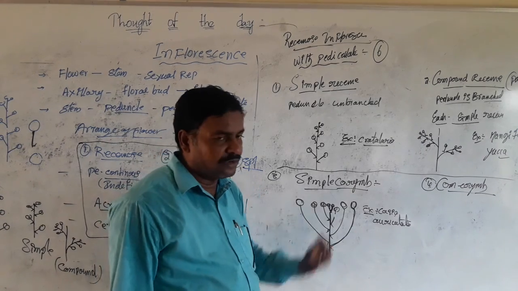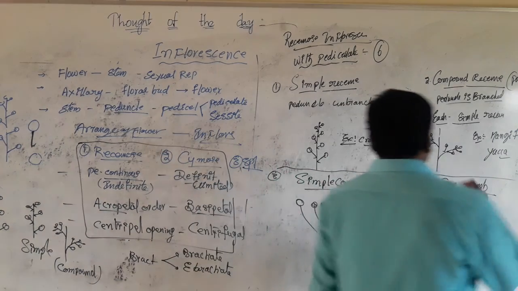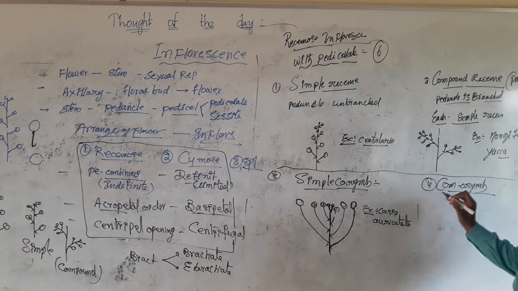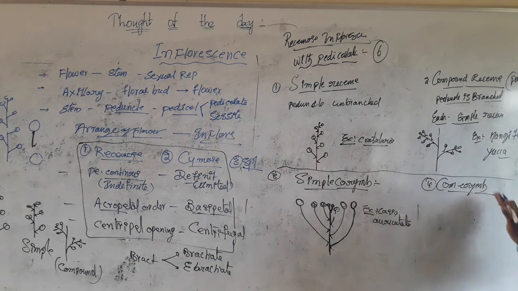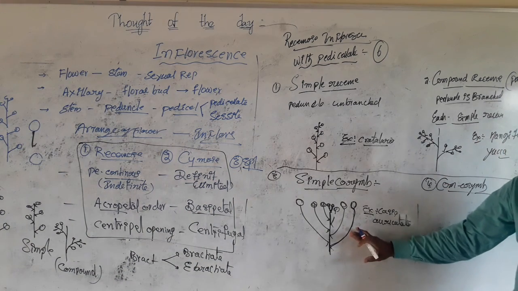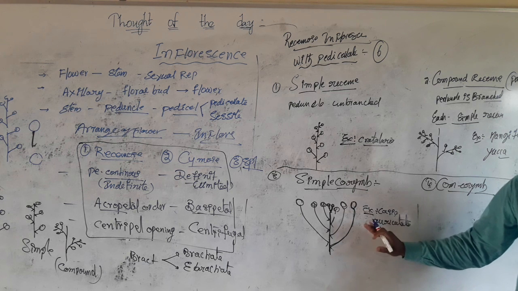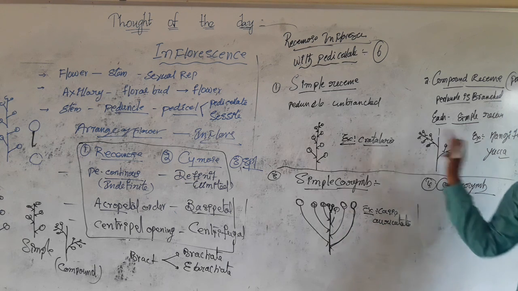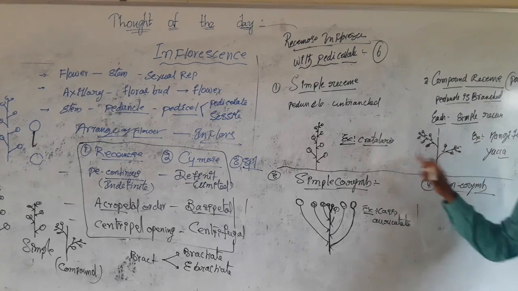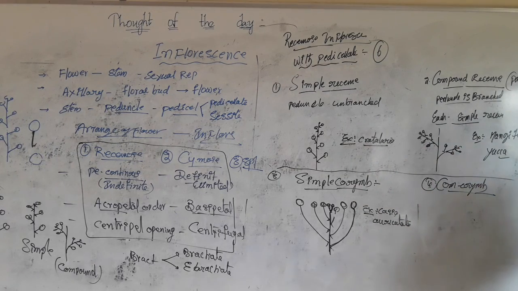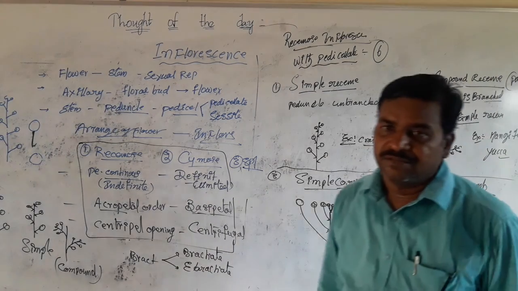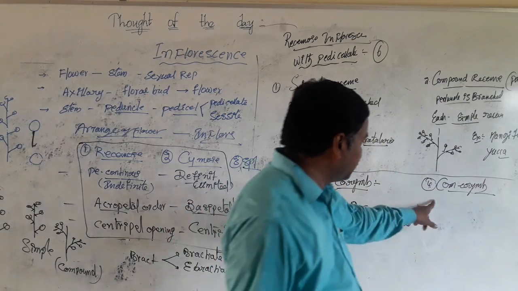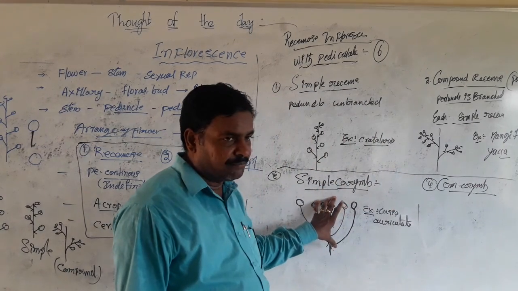Now coming to the compound inflorescence. This is compound corymb. The peduncle is branched and every branch resembles a simple corymb.